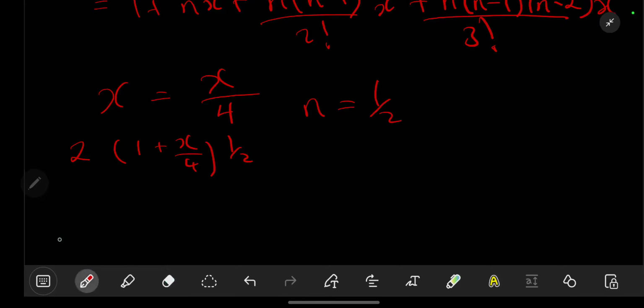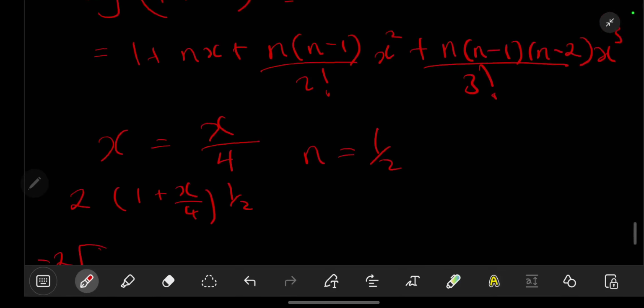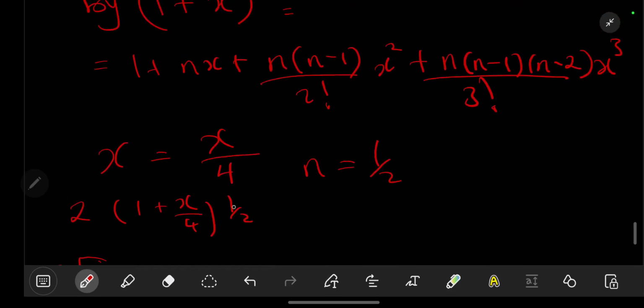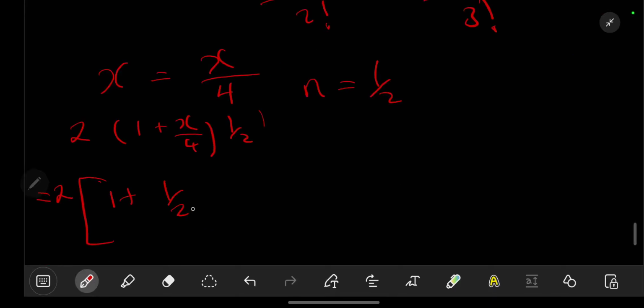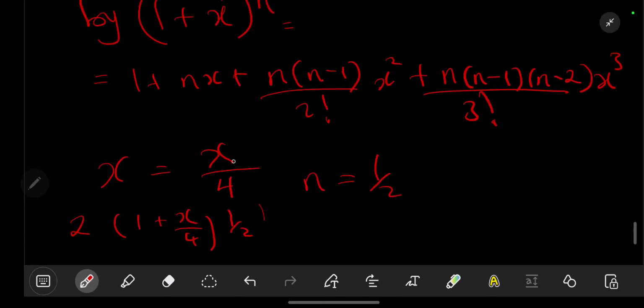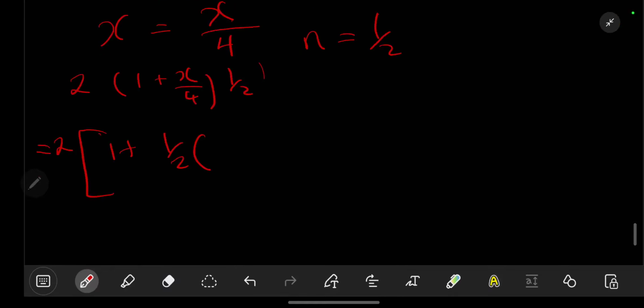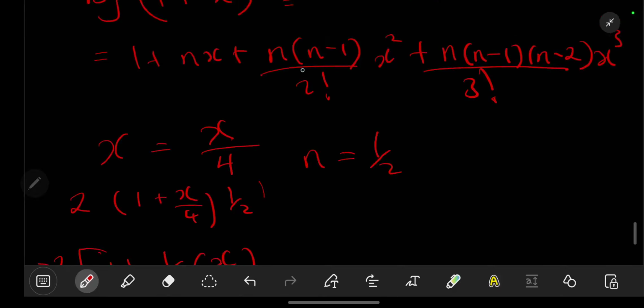If you want, you can now say this should be equal to 2 times 1 plus, where you see n, you will put half. Half is equal to n in this case. Then where you see x, you are going to put x over 4, because they are equivalent, like that. So we are using this expansion.